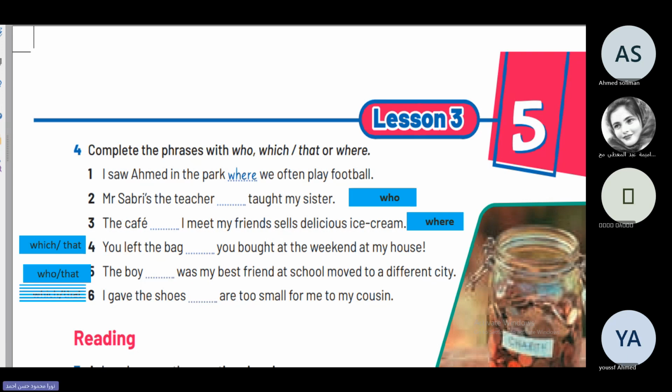Number 6 and the last one, I gave the shoes. Shoes here are things, right? So I use which or that. I gave the shoes which are too small for me to my cousin, and this is a random act of kindness. Remember the random acts of kindness?